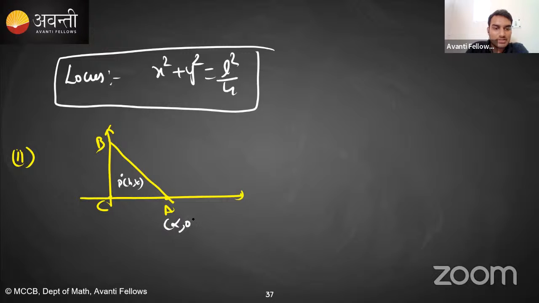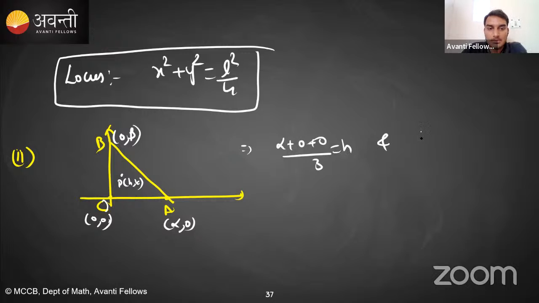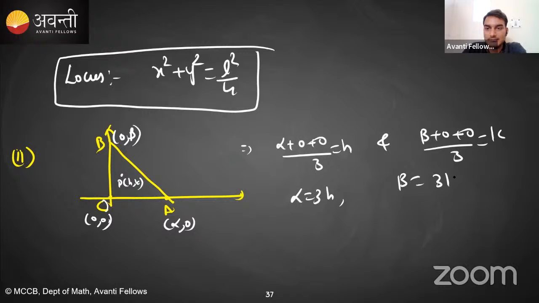Let's say this is (alpha, 0) and this is (0, beta), and the third vertex is the origin. If P is the centroid of the triangle, it implies (alpha plus 0) by 3 should be h, and (beta plus 0) by 3 should be k. So from here alpha comes out to be 3h and beta comes out to be 3k. So this is 3h, this is 3k.